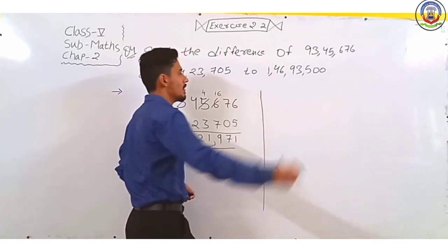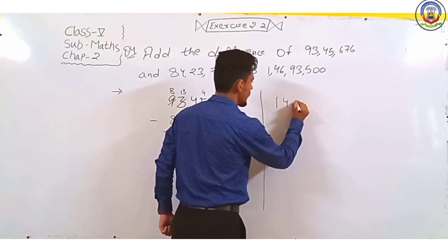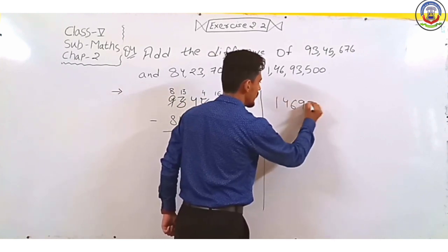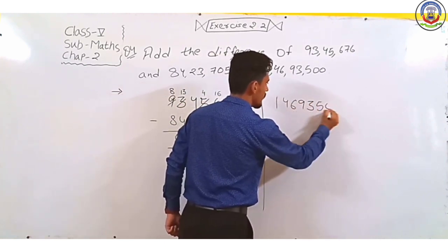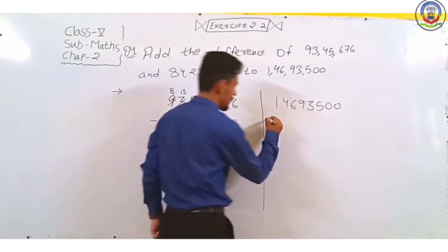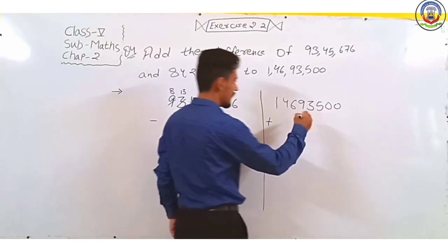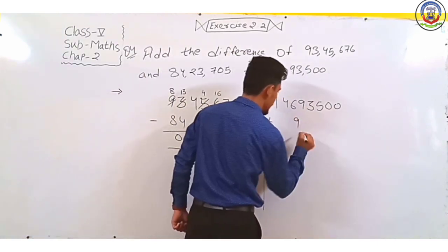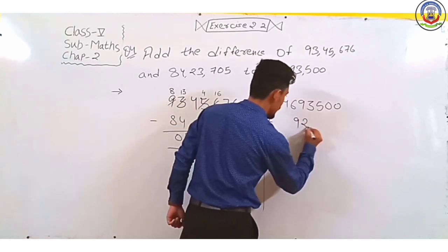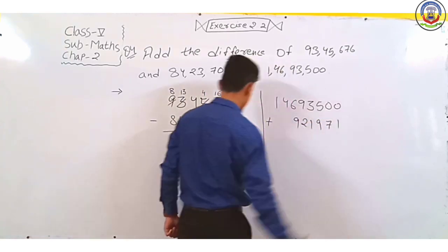Now we have to add this number and this number. So we write this number, that is 1,46,93,500, and add this number. So we put addition sign and write this number, that is 9,21,971.